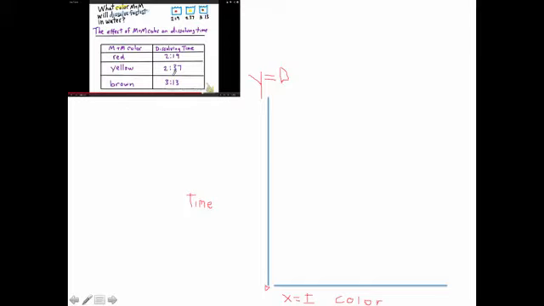And then we need to look and say, okay, our biggest time is 3 minutes and 13 seconds, and our smallest time is 2 minutes and 19 seconds. So we don't want to have in our graph where you just have 1, 2, 3, and then you have this whole graph up here.